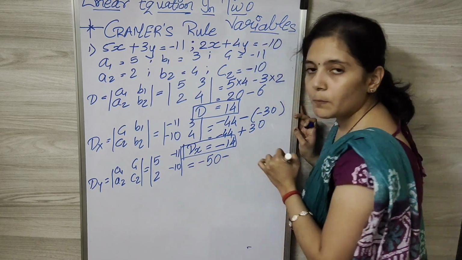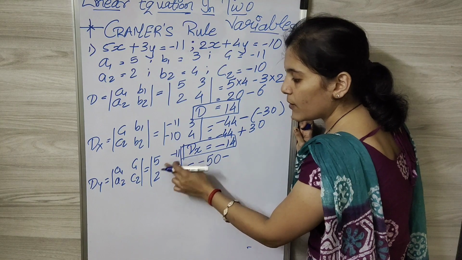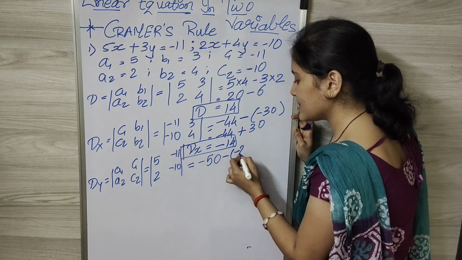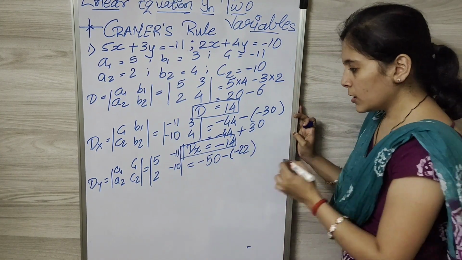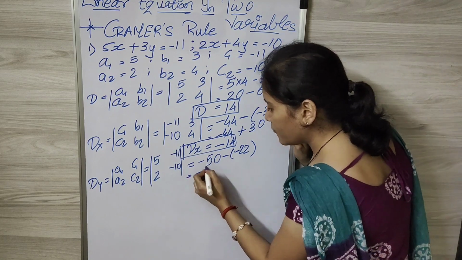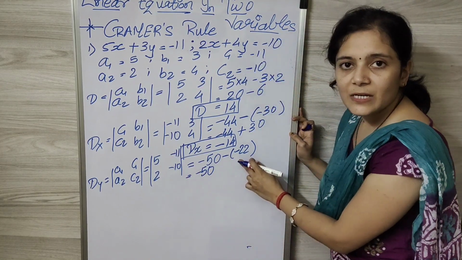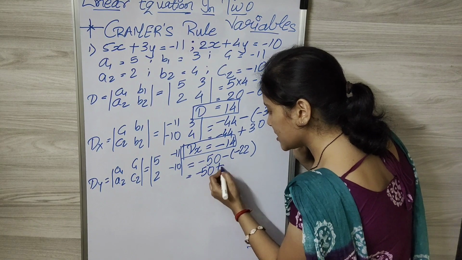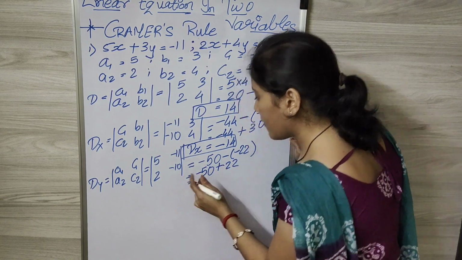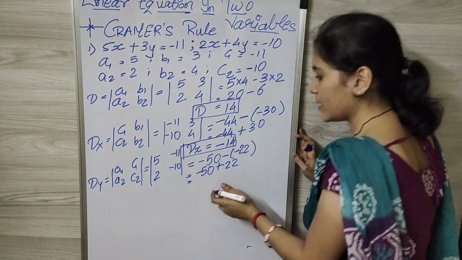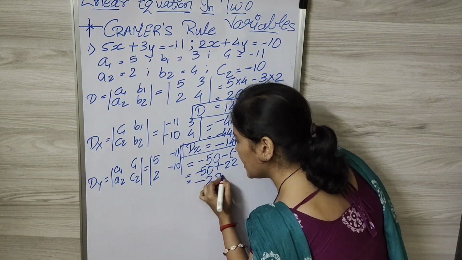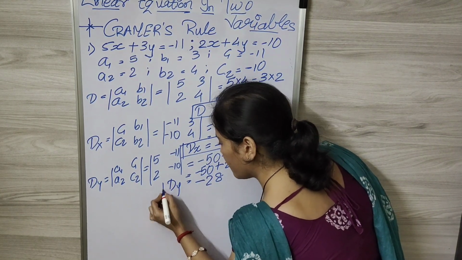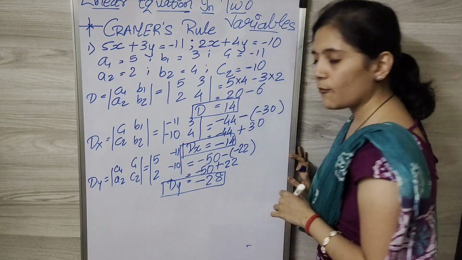Again, middle term, minus 11 into 2 becomes minus 22. Now, minus 50 minus minus becomes plus 22. Now minus 50 plus 22 becomes minus 28. So I got the value of dy.